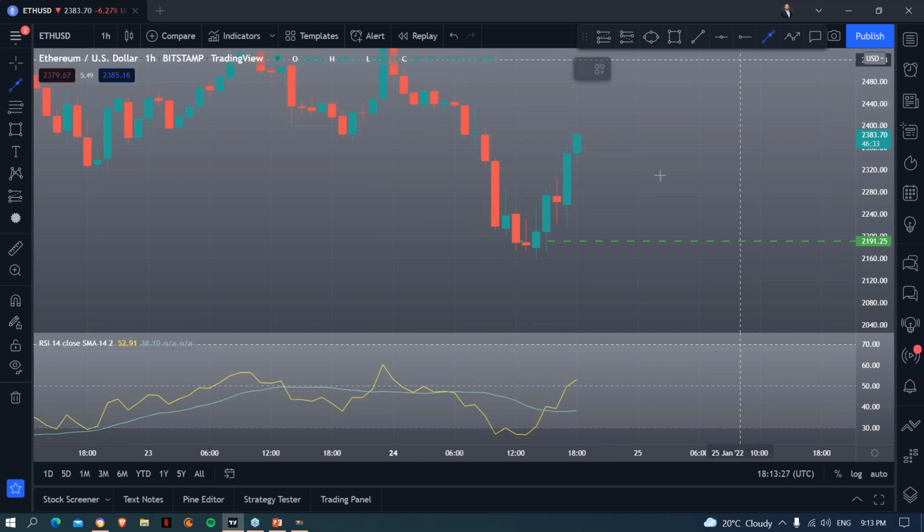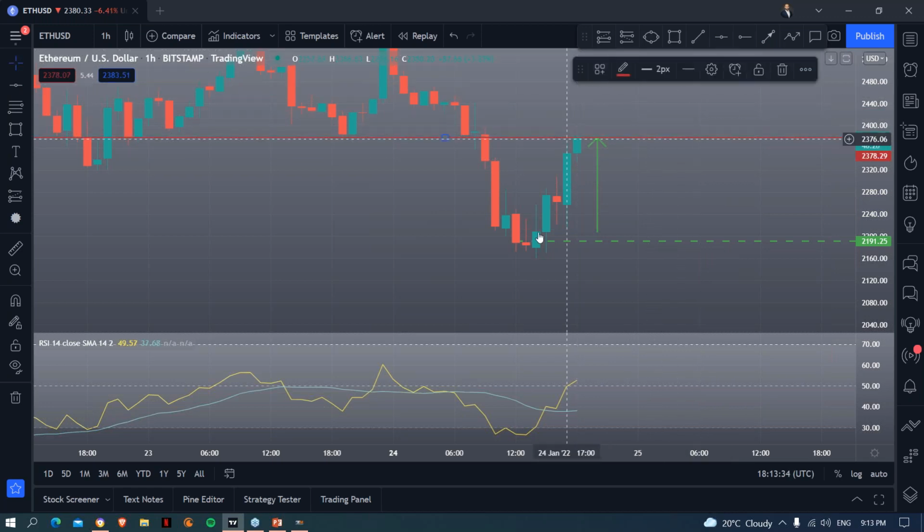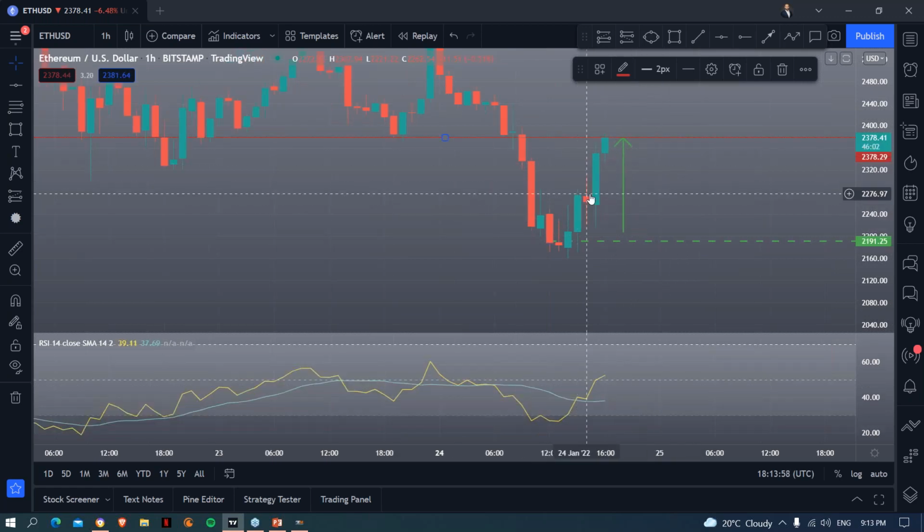If you bought one Ethereum, I'm going to keep it simple, by this move alone in 5 hours, because you followed the RSI strategy, which is the first strategy, and there's still another one that you're going to learn next, you were able to make almost $200 in a matter of 4 hours.